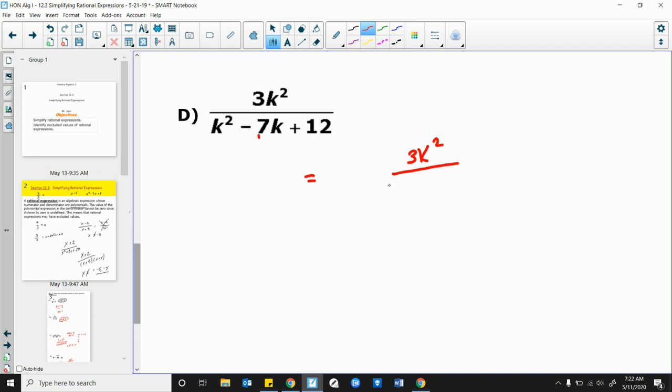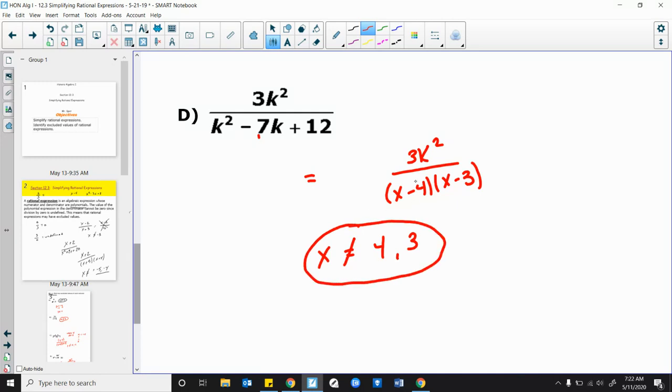In this case here, it's going to be x minus 4 and x minus 3. So what can x not be? In this case, x cannot be 4 and x cannot be 3. Those are what make inside these little binomials 0.